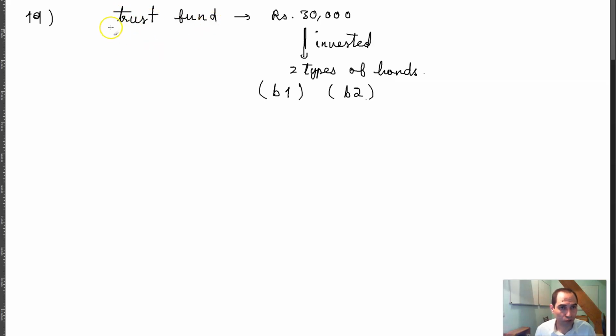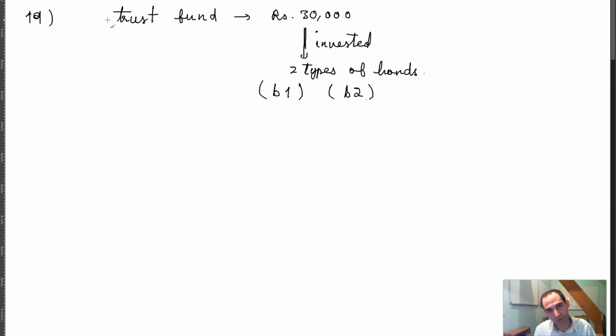But in short, the trust fund is a fund, meaning an amount of money that people will contribute to usually on a monthly basis.